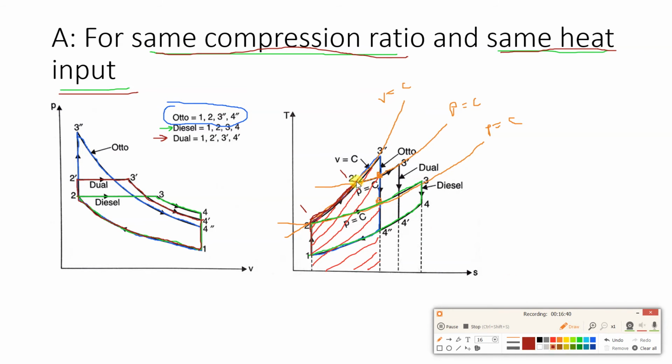So we have reached up to constant volume heat addition for dual cycle. Then we will follow 2 dash to 3 dash, which is constant pressure heat addition in case of dual cycle.